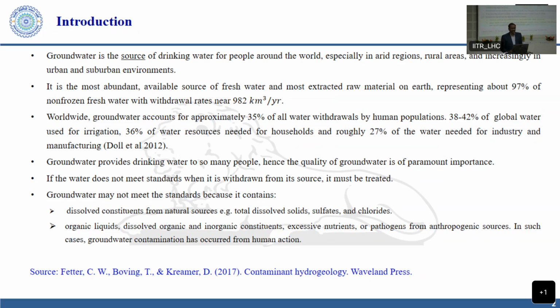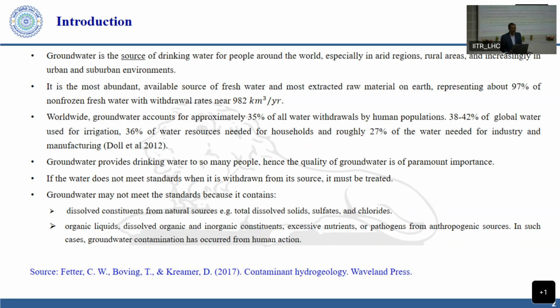If the water does not fulfill the criteria of water quality, it can be treated, or it cannot be used for people's consumption. Groundwater may or may not meet the standard because it contains dissolved constituents from natural sources, that is total dissolved solids, sulfates and chlorides.